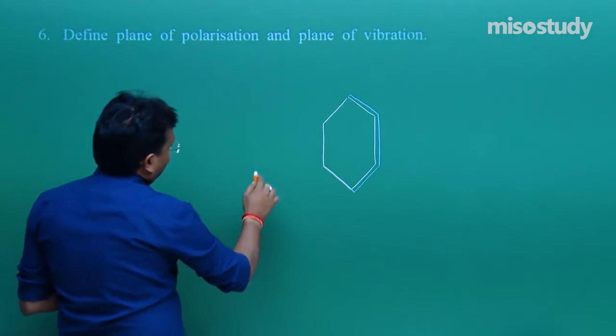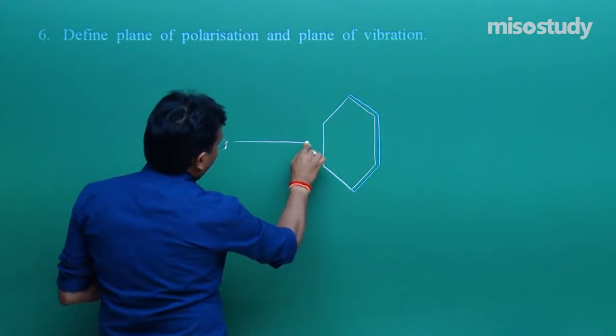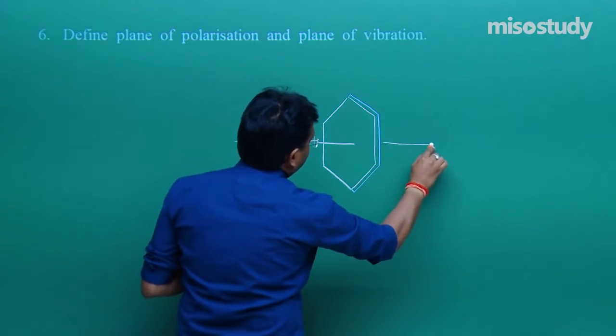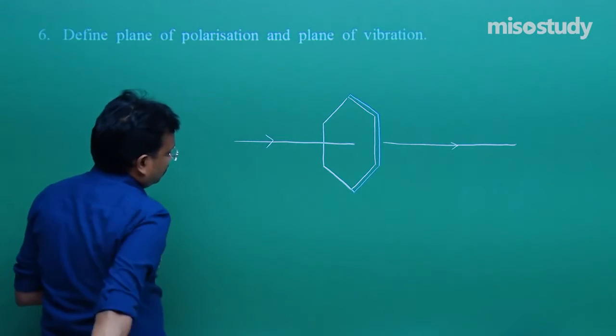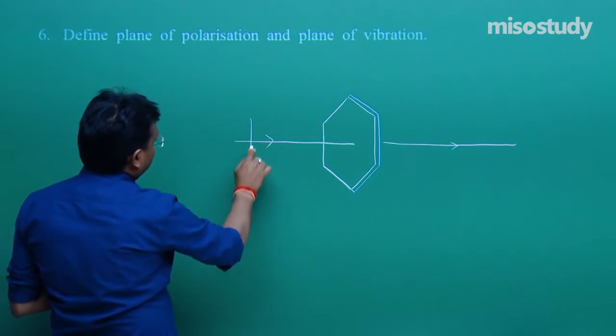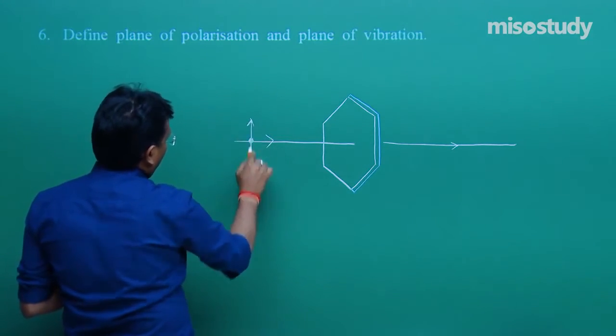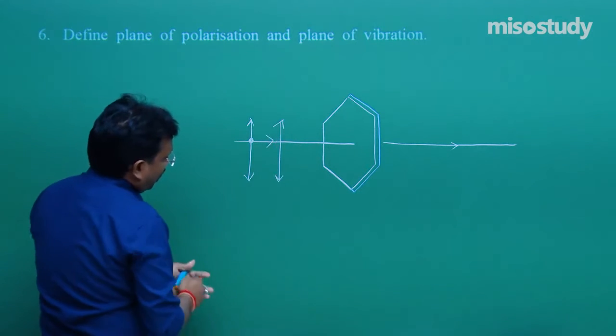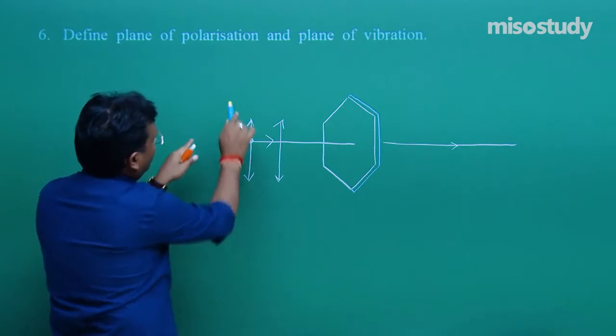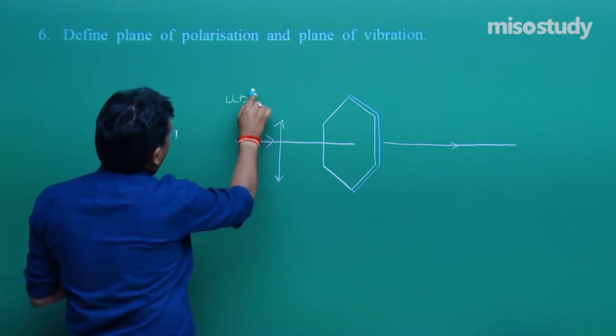Fine. And the diagram is like this. Here it is unpolarized light. Mark it as unpolarized light. Mention it. Unpolarized light.